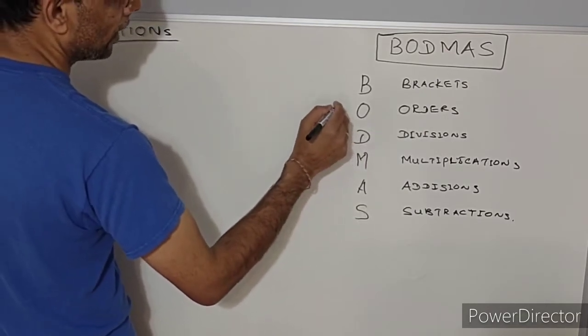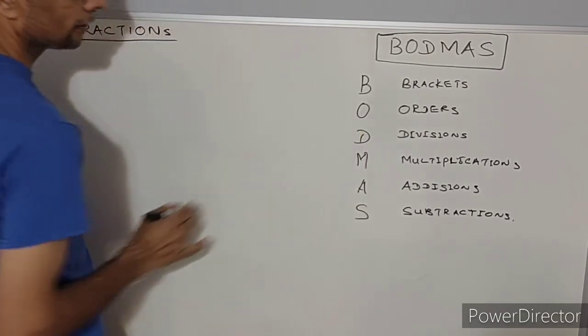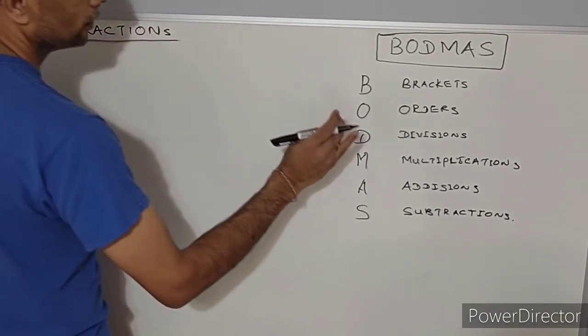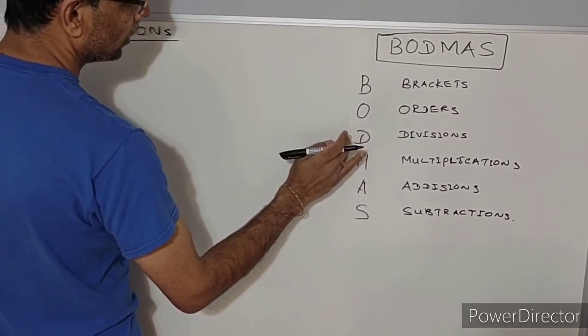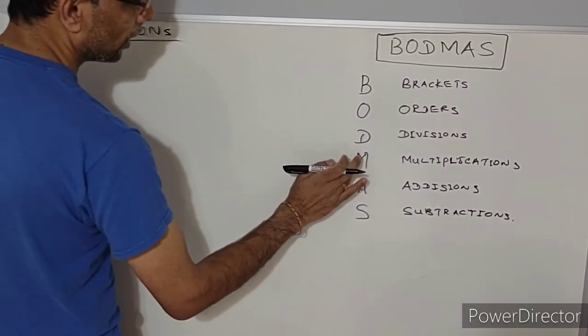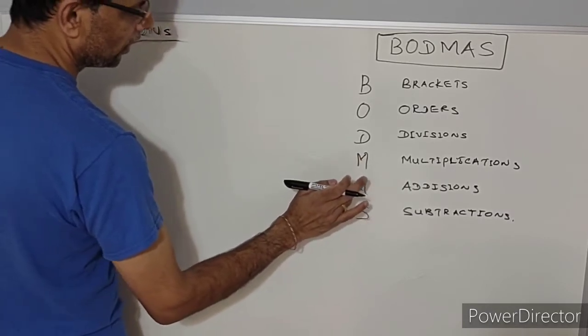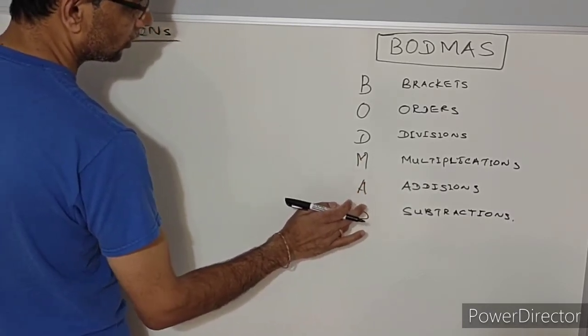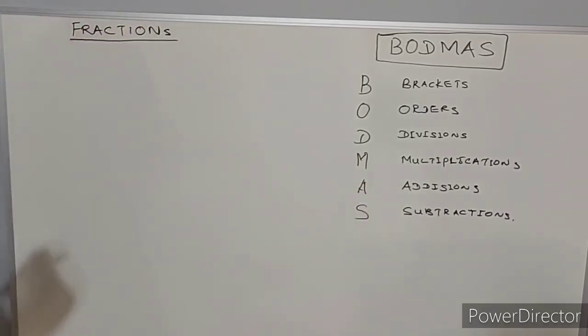The second, you have to do the orders, and the third, the divisions. Fourth, you have to do the multiplications, the fifth the addition, and sixth the subtractions. And we can see the example.